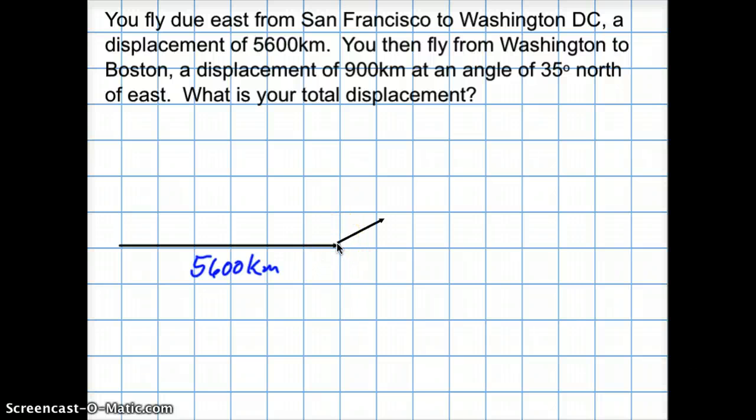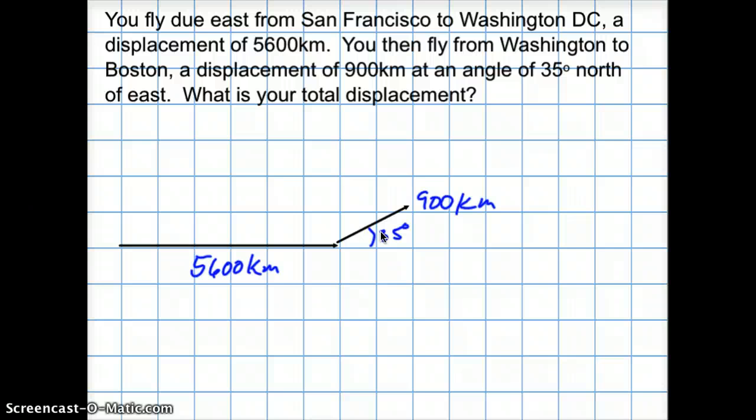So I'm going to go this way at 900 kilometers, and it's at a 35-degree angle north of east. So that's this angle right here. So now I've got a horizontal vector and I've got a diagonal vector.